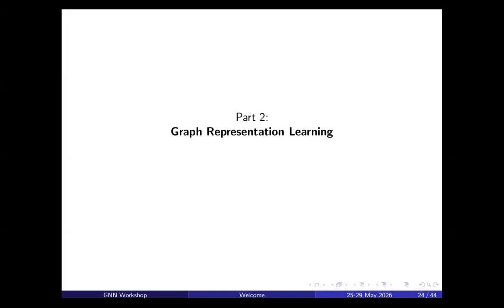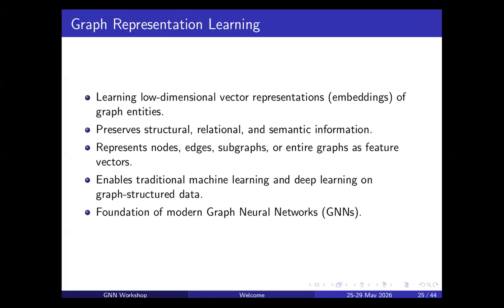Okay, so let's discuss graph representation learning. So in short, graph representation learning aims to learn a lower dimensional vector representation. More specifically, we can call it embedding of graph entities.